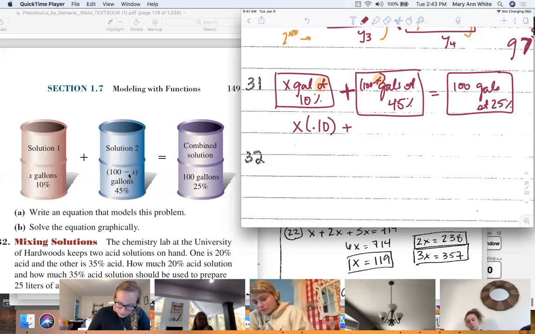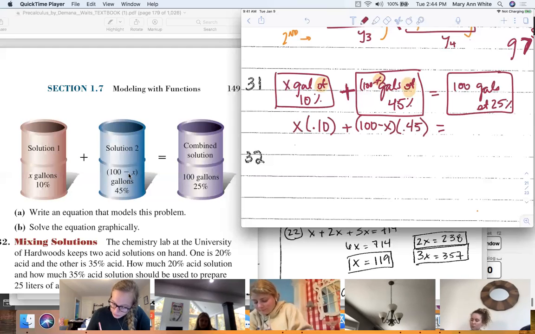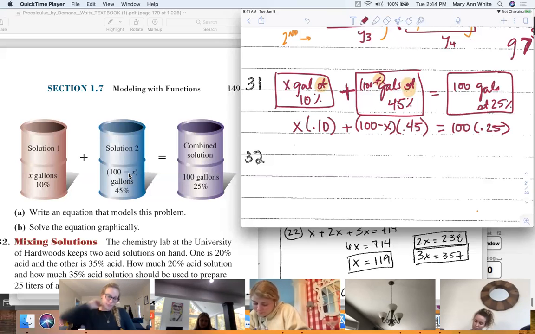I'm doing 100 minus X gallons of 45%. So I'm going to do 100 minus X times 0.45. And then last I'm doing 100 gallons of 25%, so I'm doing 100 times 0.25, yeah.